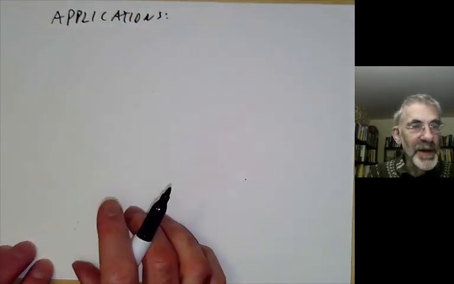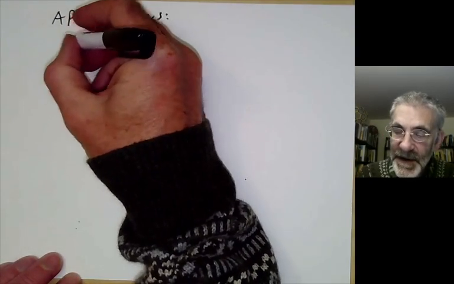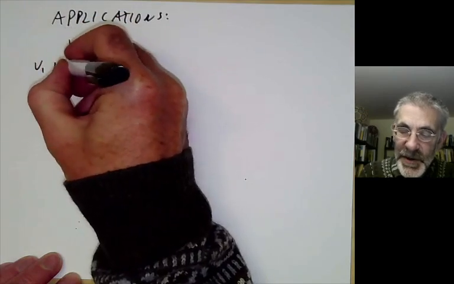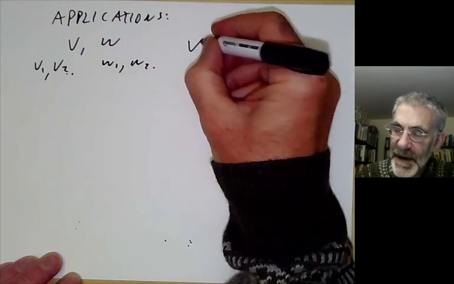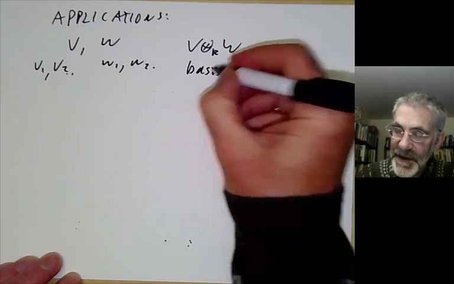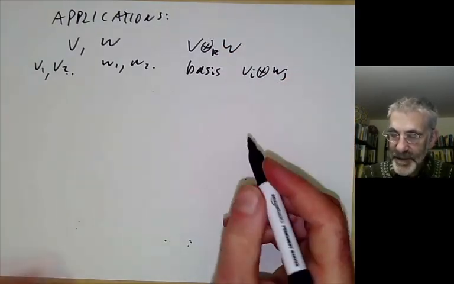So the first is a common one in differential geometry. If we've got vector spaces V and W, and V has a basis v1, v2 and so on, and W has a basis w1, w2 and so on, then V tensor over the field W is just another vector space with a basis vi tensor wj.